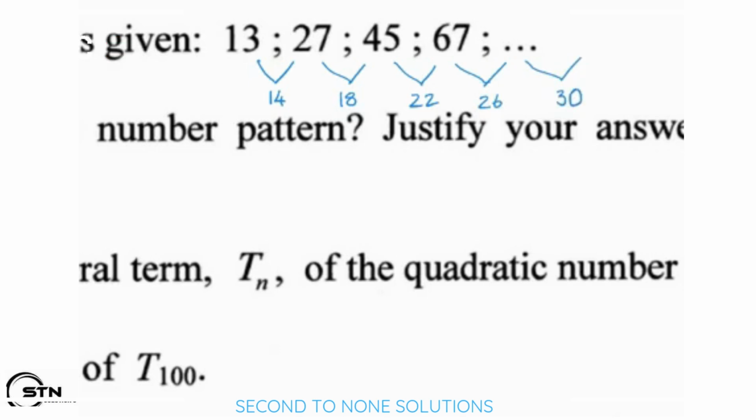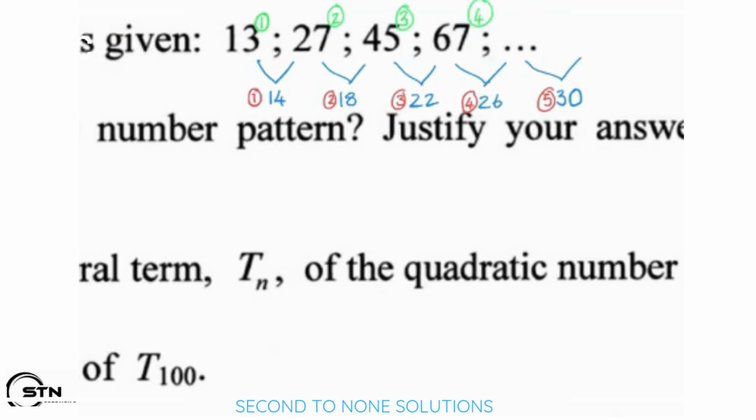Okay, and stick with me, this may become a wild run. The first difference was 14, and then term 2, term 3 was 22, term 4 was 26, term 5. Now, where that's useful is because in the original number pattern, there's term 1, term 2, term 3, term 4. There are lots of number patterns happening here.